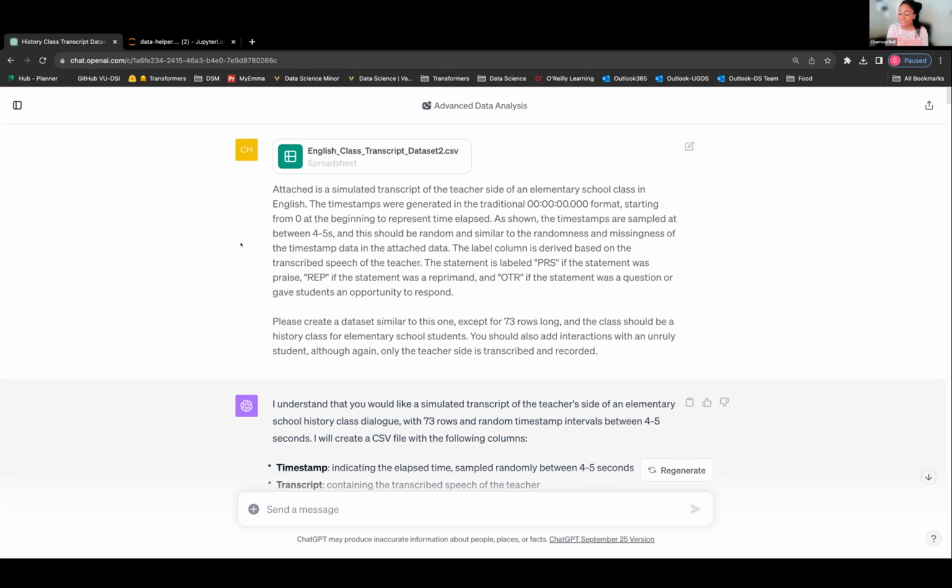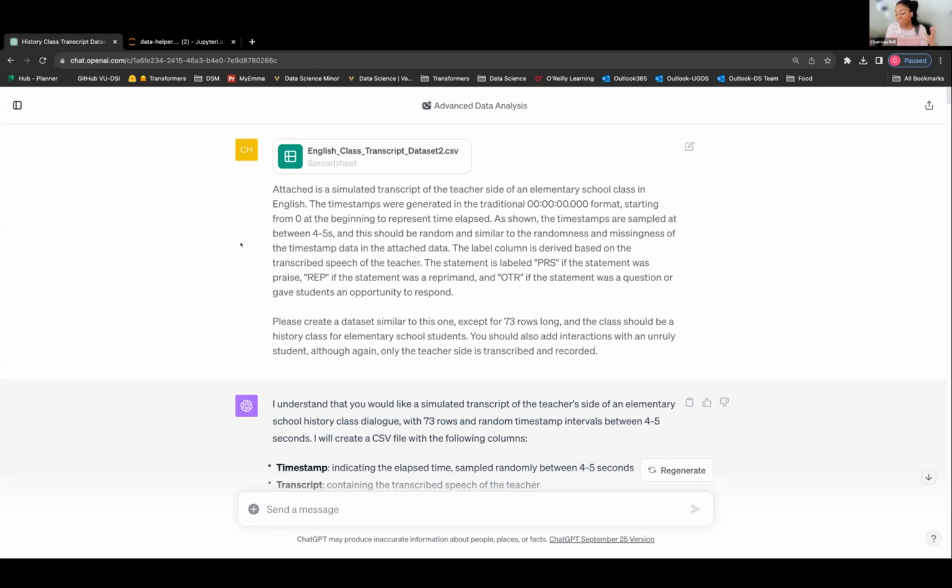And so what we could do instead, okay, what if we had an assistant, something that could generate the conversation between teacher and student, or just what an instructional conversation would look like during the class. Maybe we tell it what kind of class we want, and we tell it how much we want of the conversation to be.